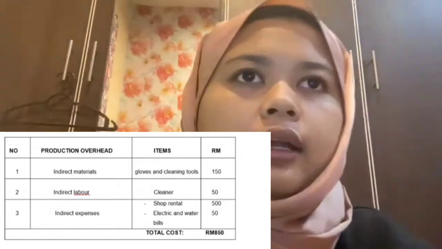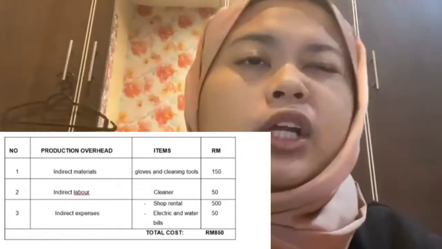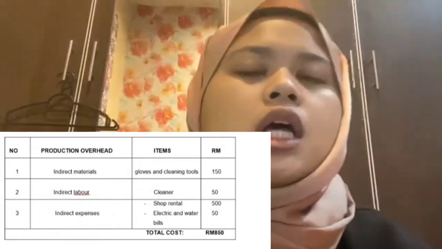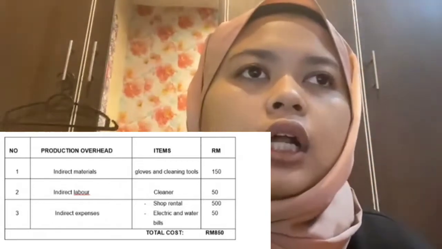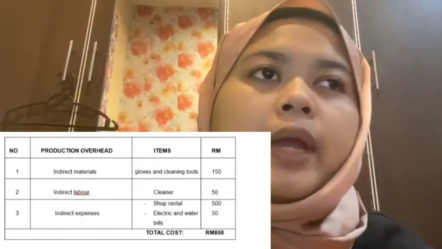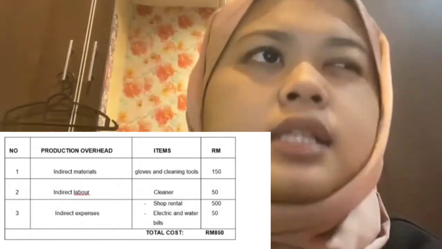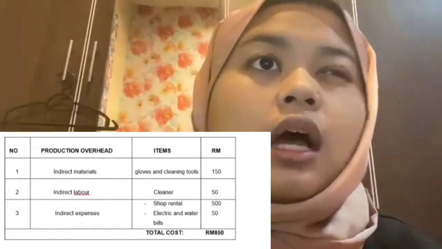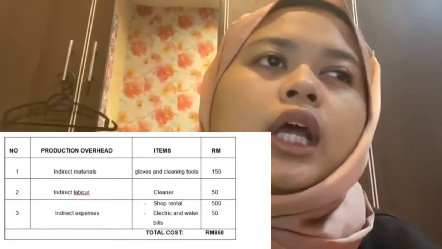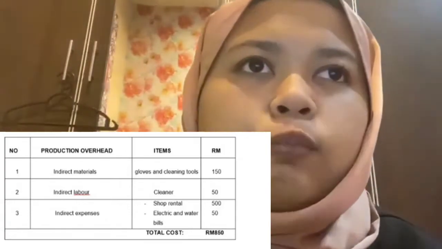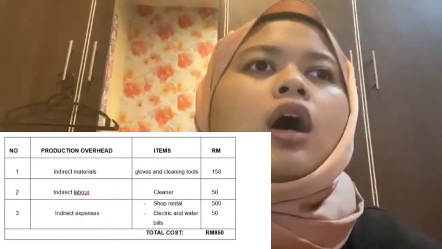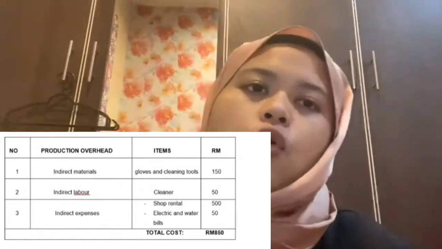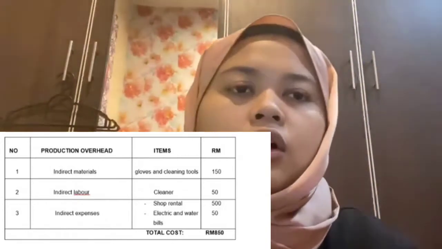Okay, indirect materials. For our bakery shop, we choose gloves and cleaning supplies as our indirect materials because we will use the gloves for hygiene while making our Cheesekut products, and we consider those materials indirect because we cannot expect a fixed time to measure the usage of our cleaning supplies such as soap, mop, and so on.